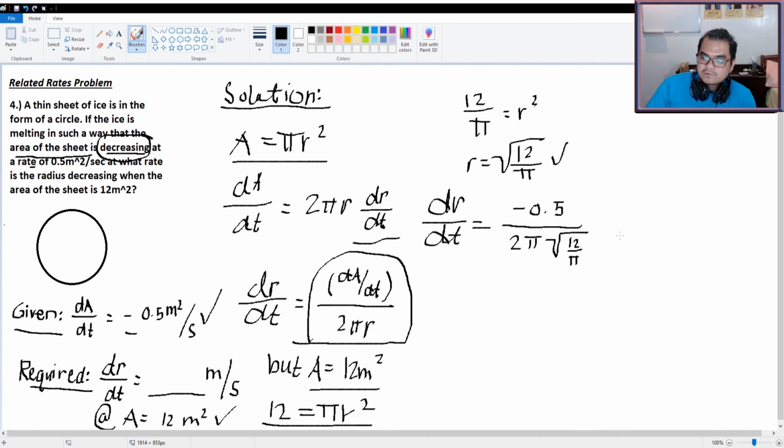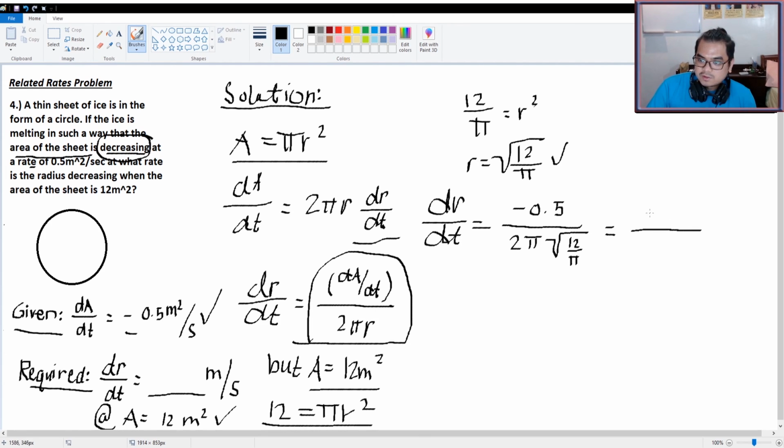If you now simplify that, you'll get an answer of square root of pi over 4 pi square root of 12, and that must be negative.